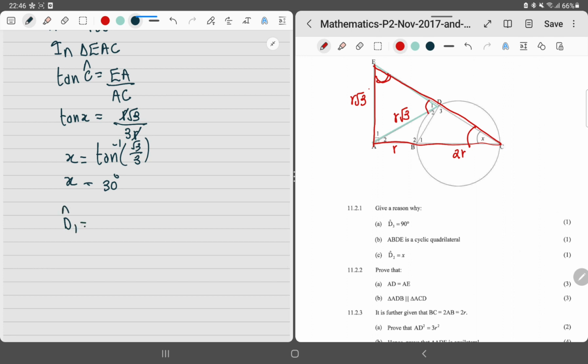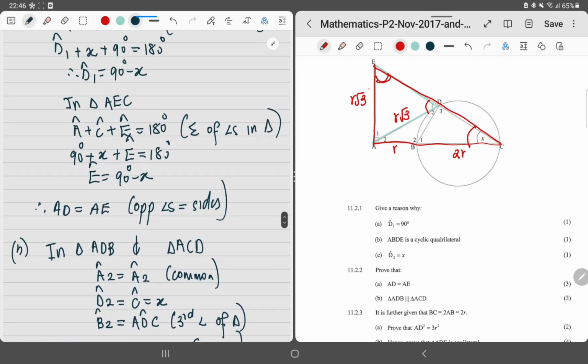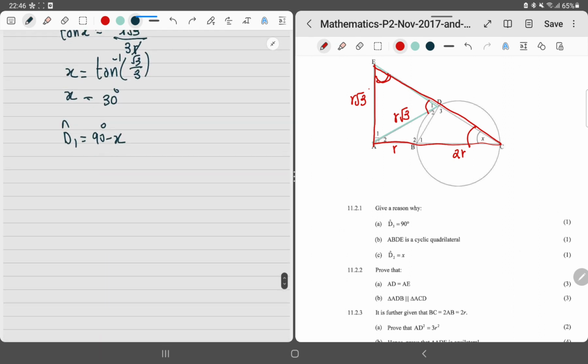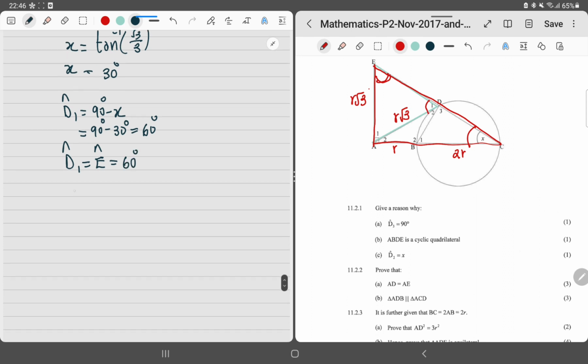And then D1 is equal to 90 degrees minus x. So this is 90 minus 30, which is equal to 60 degrees. D1 is equal to E, which is equal to 60 degrees.